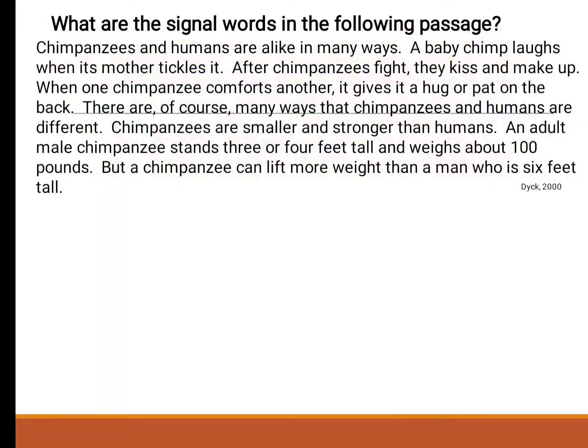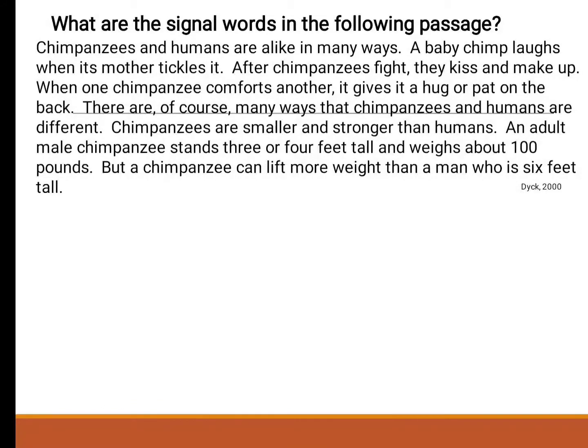Now this is an example and we have to identify the signal words in the following passage. Chimpanzees and humans are alike in many ways. A baby chimp laughs when its mother tickles it. After chimpanzees fight, they kiss and make up. When one chimpanzee comforts another, it gives a hug or a pat on the back.